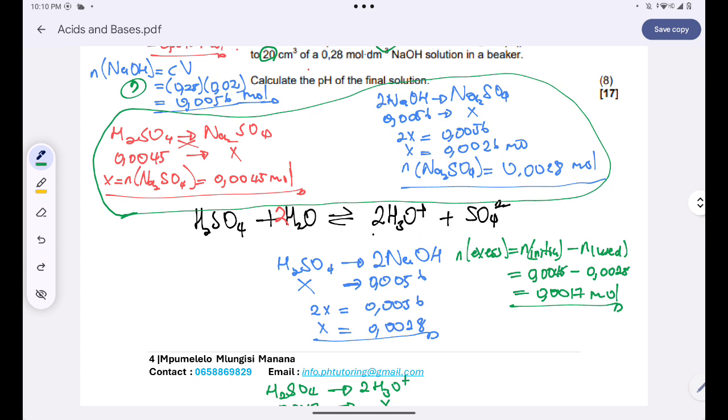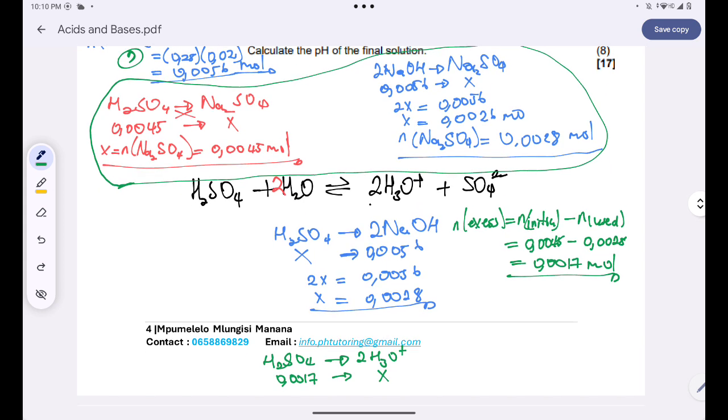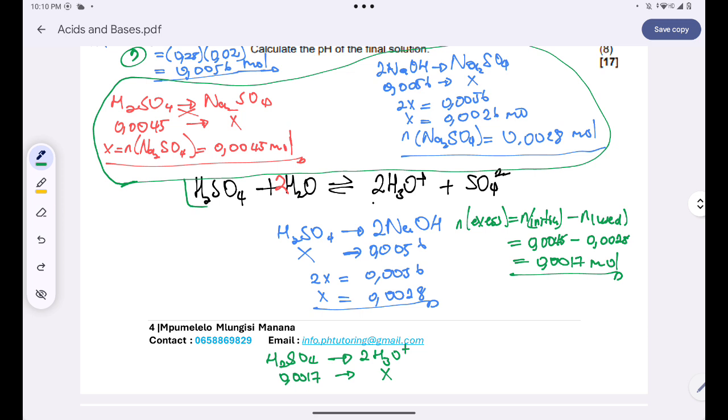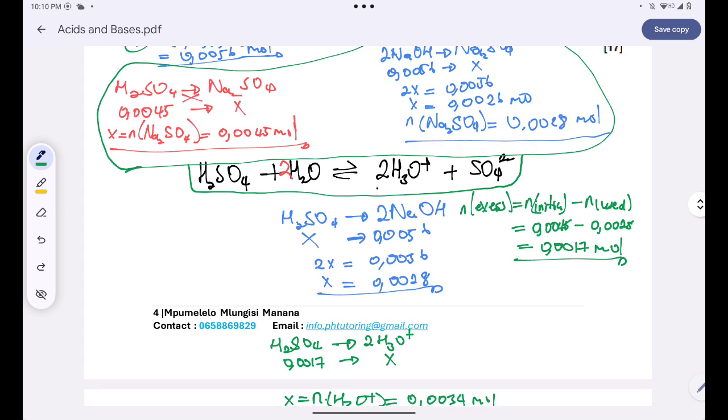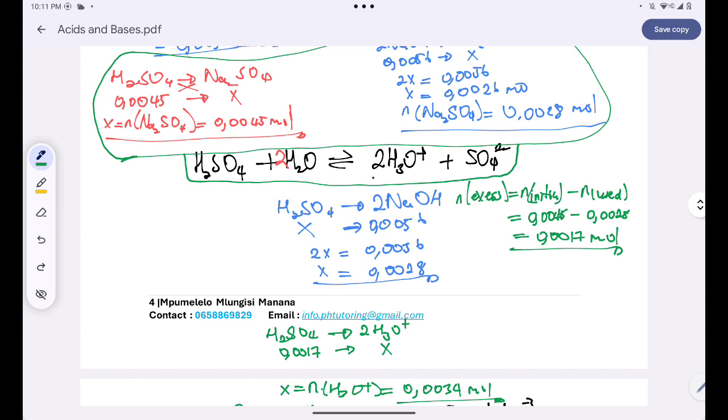Are you together? So since I know that sulfuric acid will be in excess, I know that the excess moles of sulfuric acid are the ones that will determine the pH of the solution. Then I wrote down the ionization of sulfuric acid, and then I calculated the number of moles which were in excess.